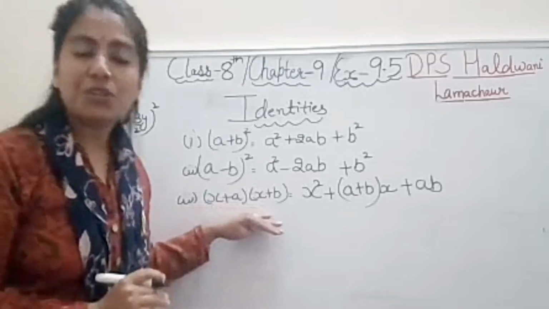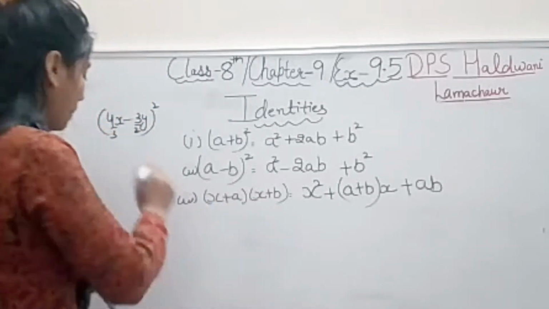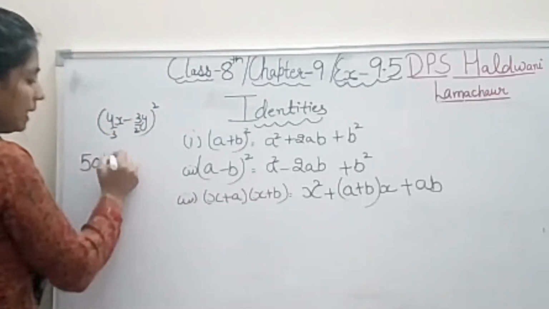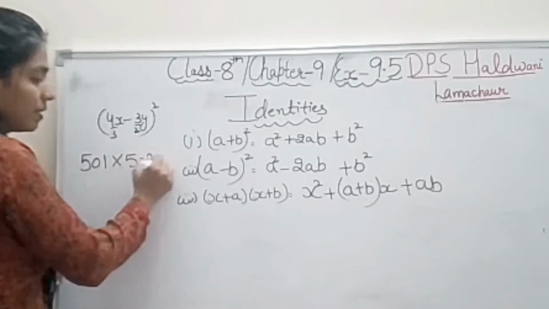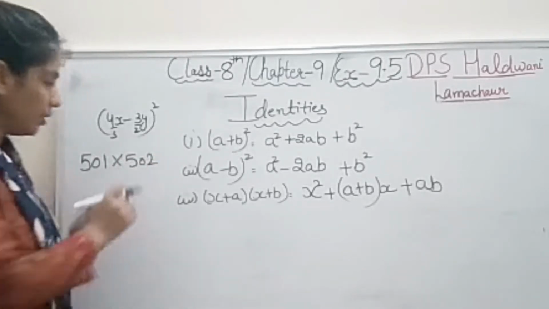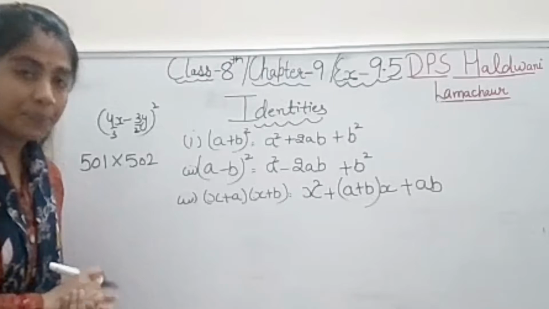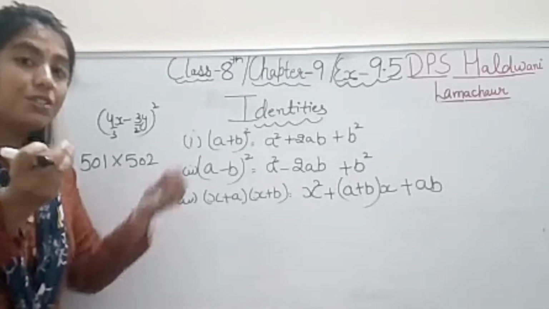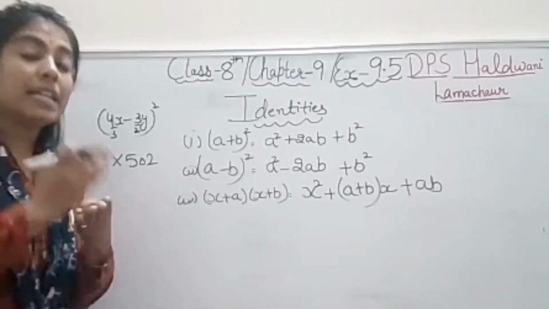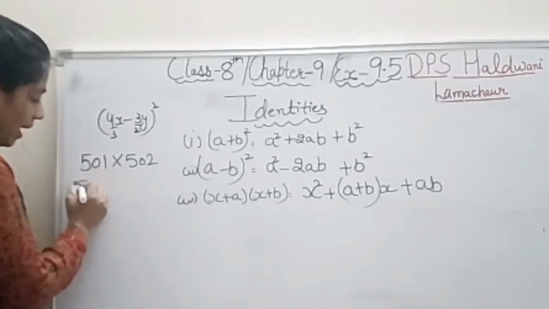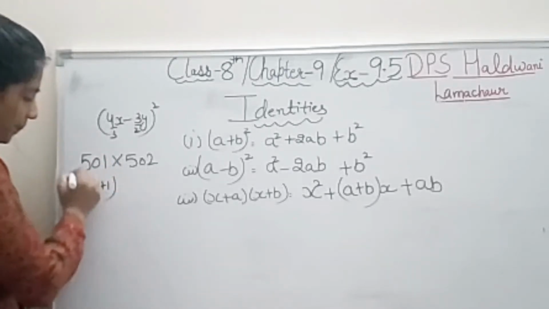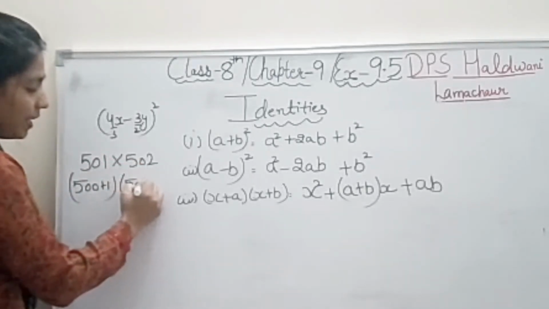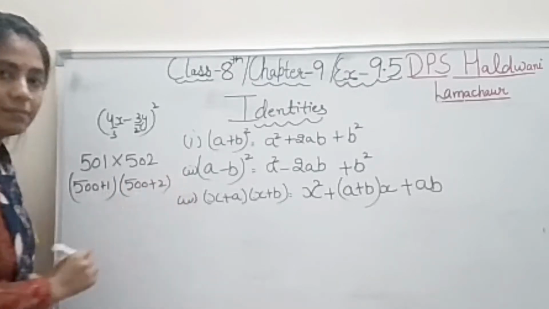Now what type of question will come in this? For example, 501 into 502. The first way is to multiply and get the answer. But if you have knowledge of the identities, you can split this term as 500 plus 1 and this as 500 plus 2.